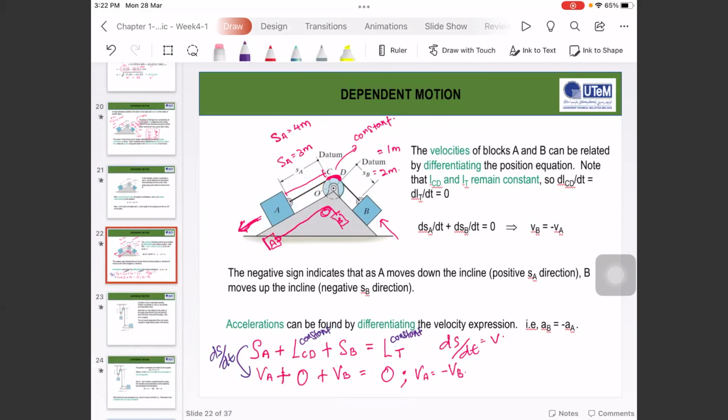So from VA and VB ni kita boleh assume, ds over dt. Boleh? Okay, kita tengok contoh yang ini.